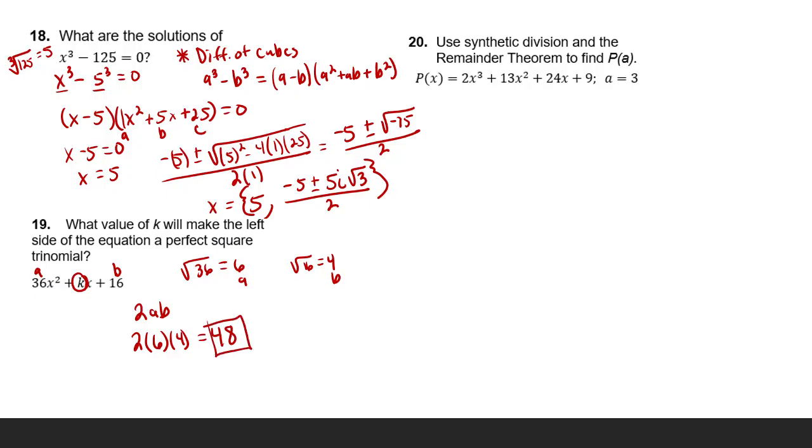That is the number that you would want to put right there in the middle, so that if you factored it, you could get the perfect square trinomial. The key to remember is you're going to take the square root of the first number, the square root of the last number, and then just multiply those together times 2. And then you'll have the perfect square trinomial.